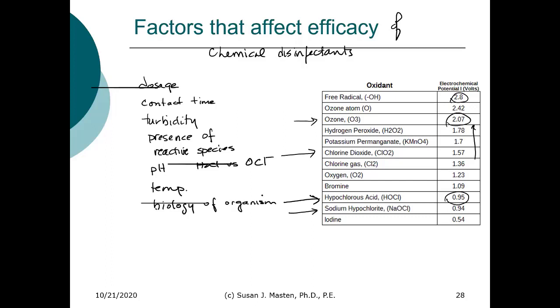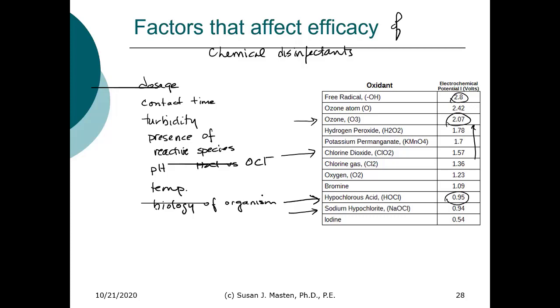The biology of the organism, the type of organism, how susceptible is that organism? And even for the same organism, different bacteria will have different susceptibilities. Just like if you think about it, you're living in a house with different roommates. One of them comes down with the flu.